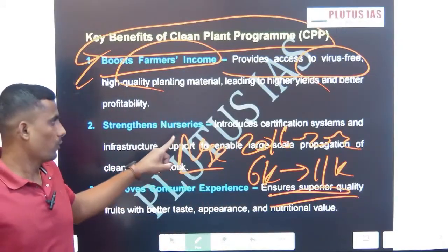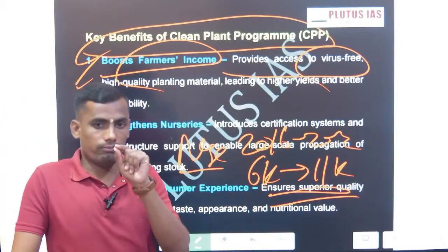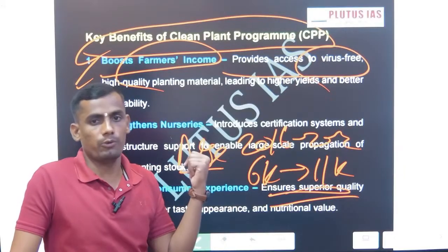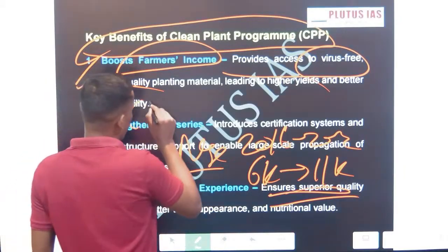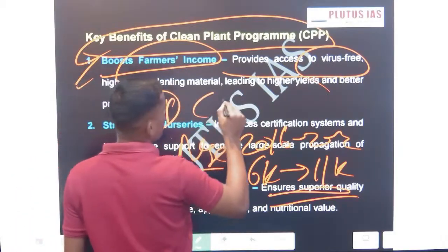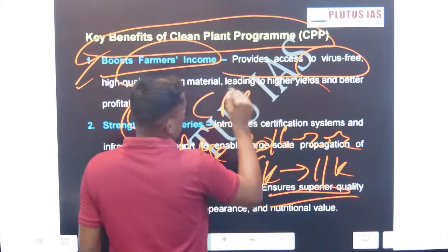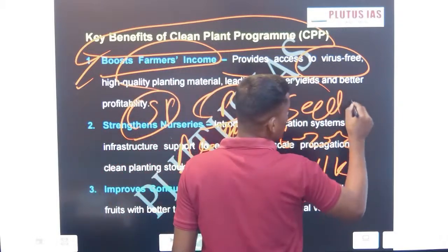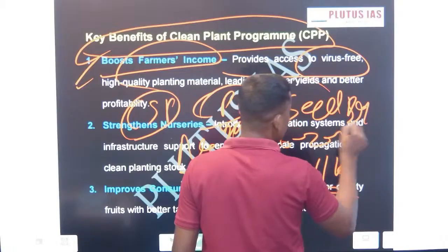that is, the clean seed programming. Okay, and don't get confused between the seed fund and clean seed programming. Clean plant programming is related to horticulture, and seed fund is related to the startup.